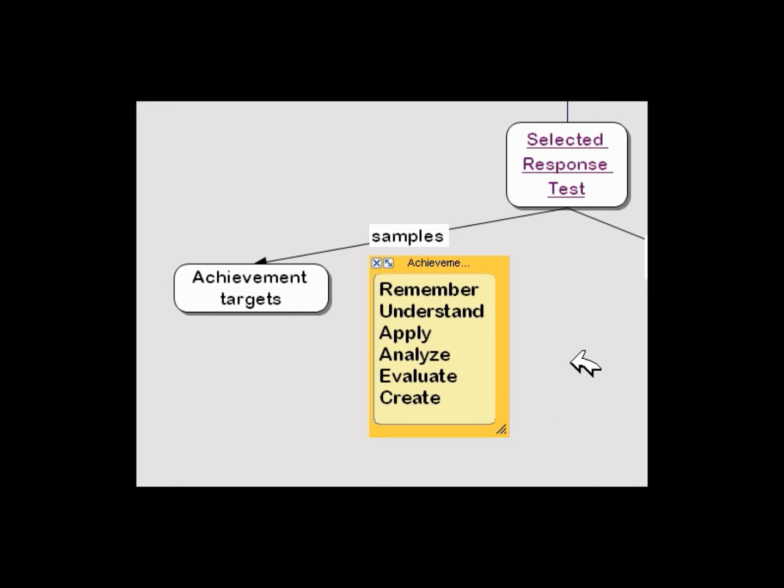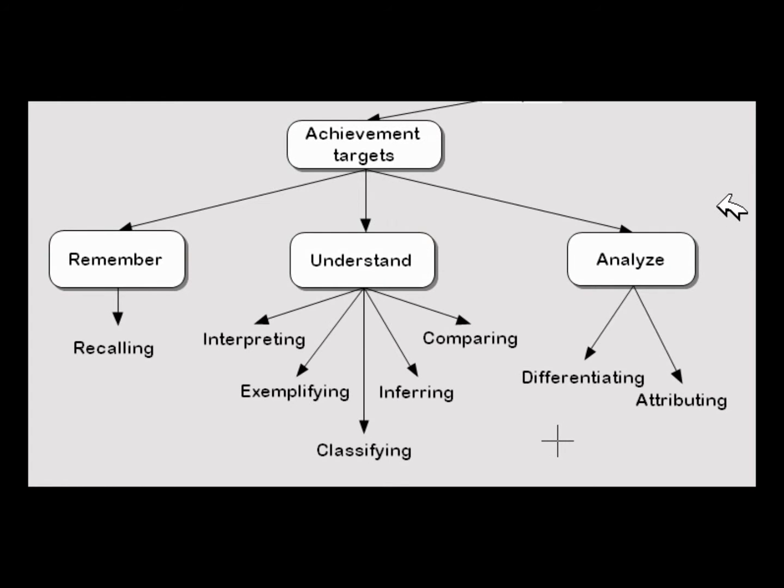Now, selected response does not match all of those targets. The targets that I think are the best match with selected response, and this is backed up by literature from Stiggins to the Anderson and Krathwohl taxonomy, as well as Linn and Gronlund, are that the remember, understand, and analyze categories fit very well.